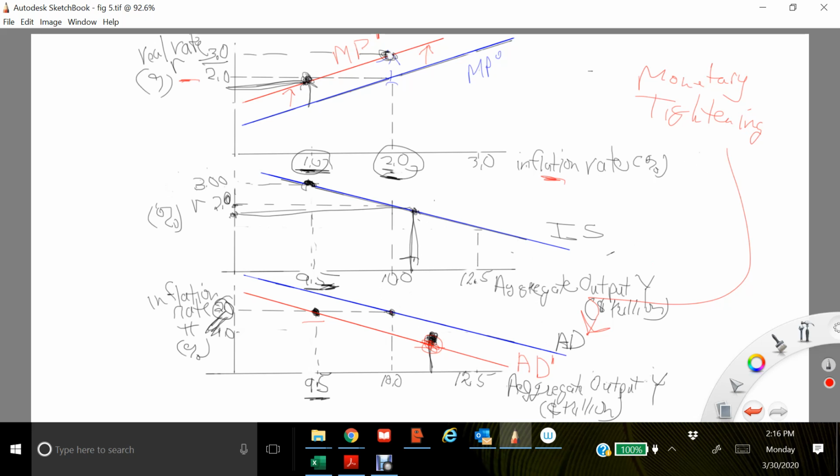For example, what would happen on this graph if we had monetary easing? The Fed eased monetary policy. How would you represent that? Okay, thanks for listening.